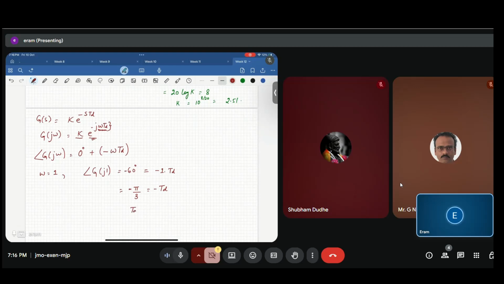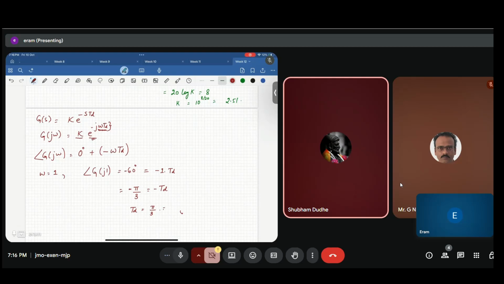Now can you calculate TD? It is just pi by 3. And how much is pi by 3? 1.04.